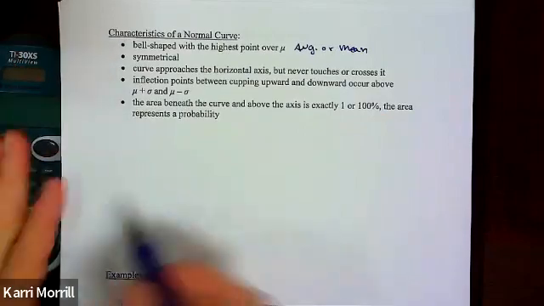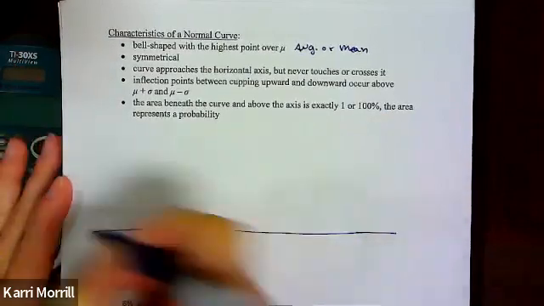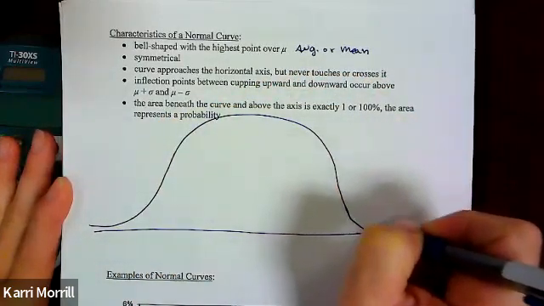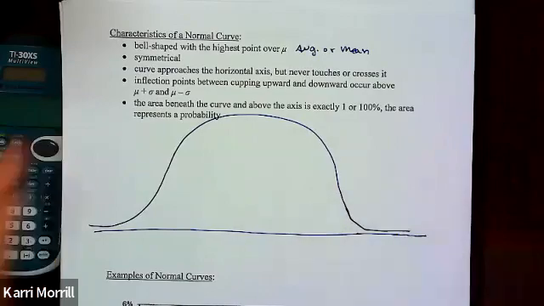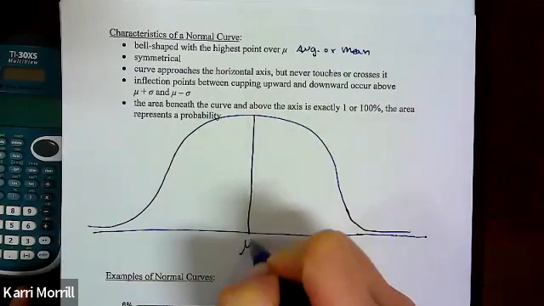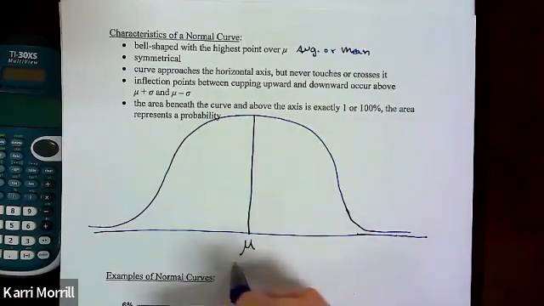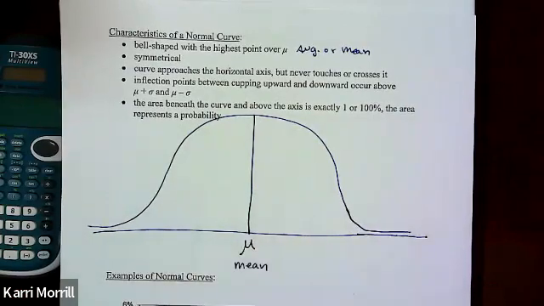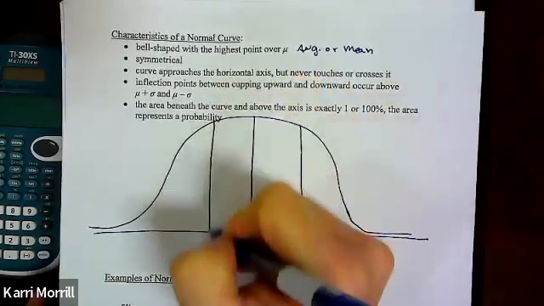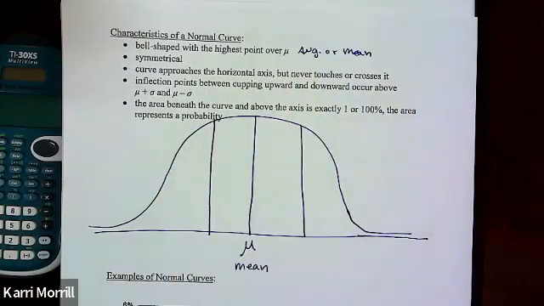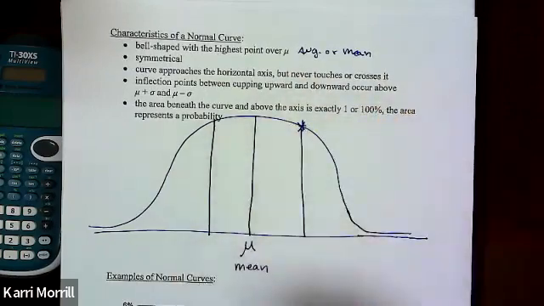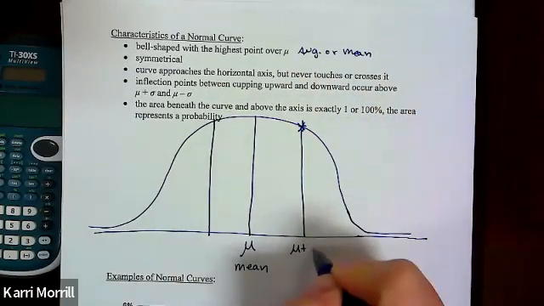And so to picture some of the things that were stated, I am not the best artist and I will never claim to be, but here's my bell-shaped curve. And so down the middle is always going to be your mean. And then your inflection points, meaning where it's starting to turn, is always your mean plus whatever the standard deviation is.